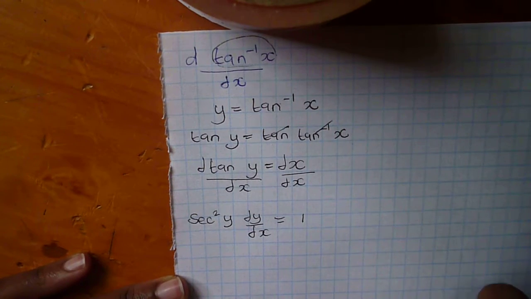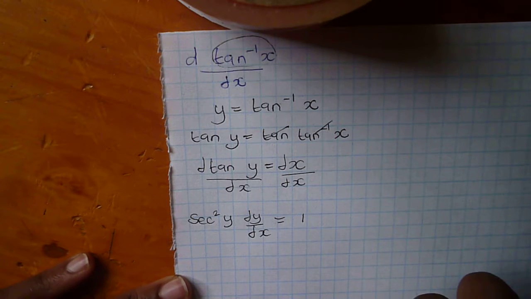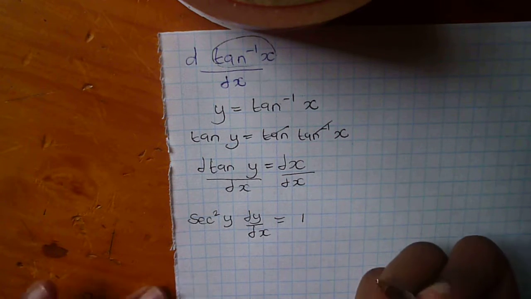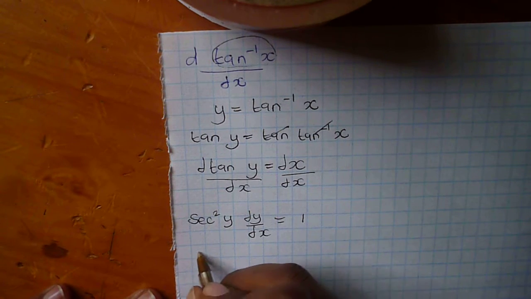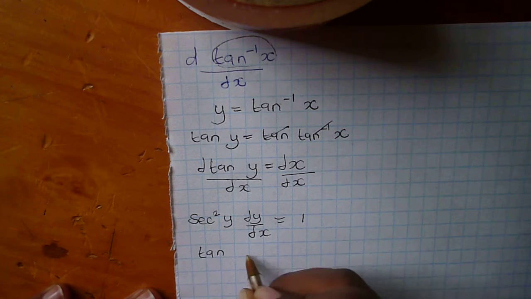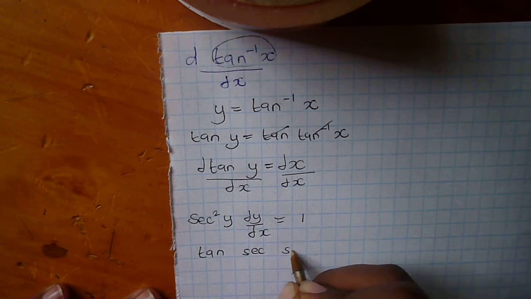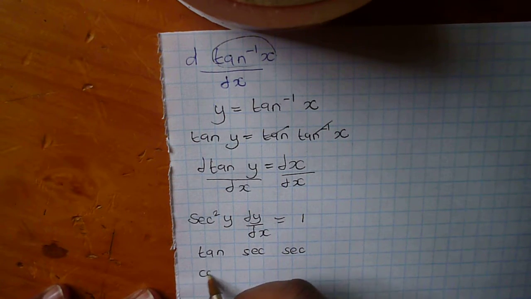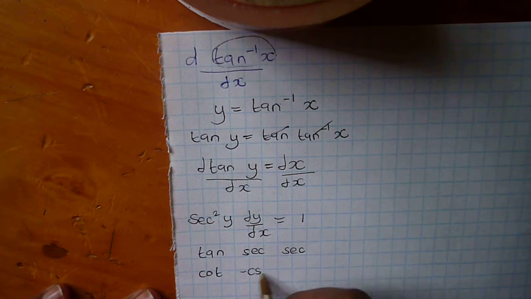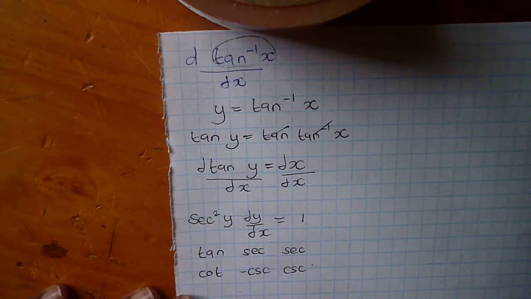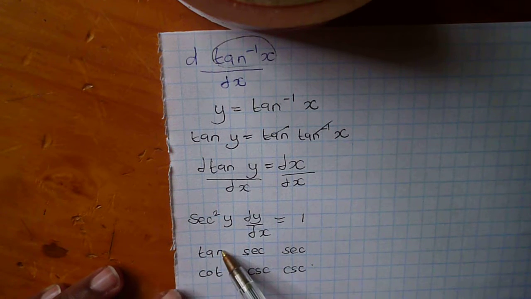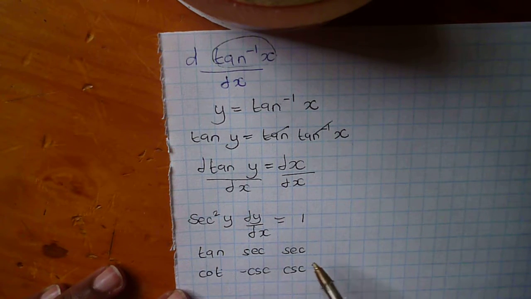Some of you might wonder how I was able to remember that, but I would like to share something that I got from someone: tan, sec, cot, negative cosec. Using this, I can get the derivative of tan, cot, sec and cosec.